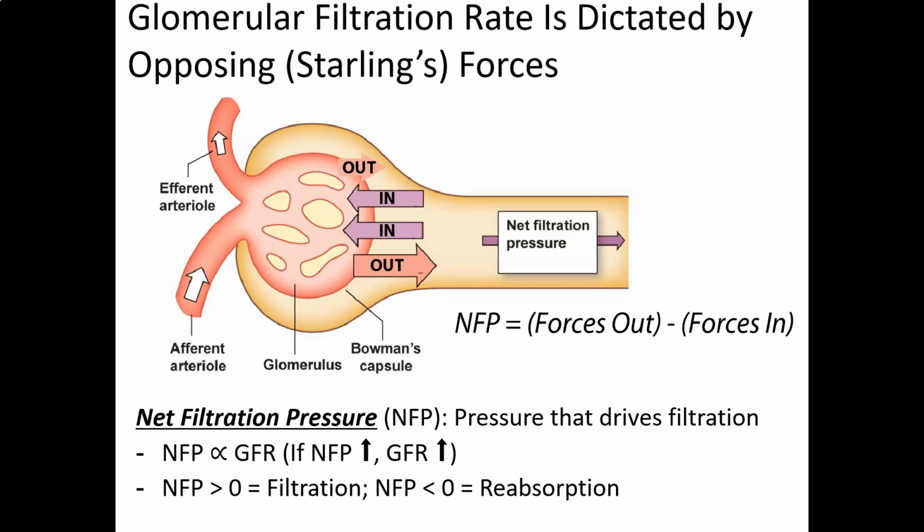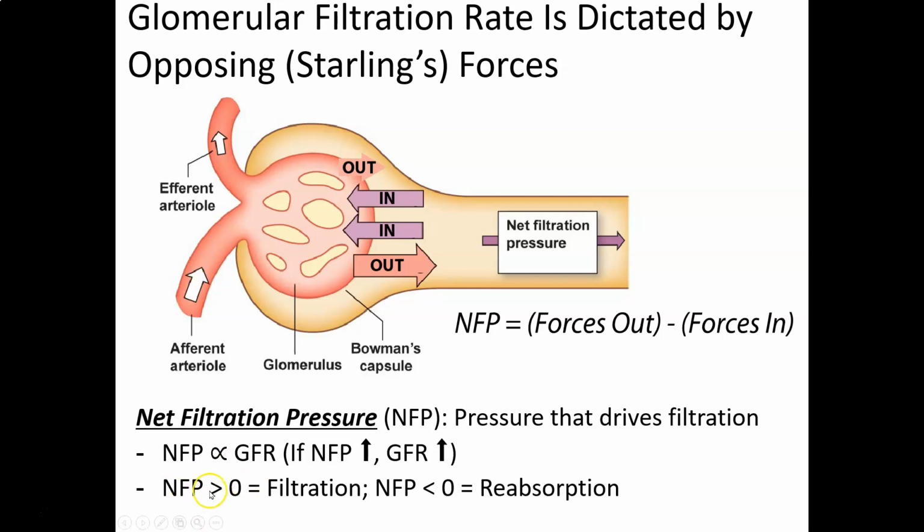Likewise, if NFP goes down, GFR goes down. Since GFR is homeostatically regulated and doesn't change much throughout the day or even individual to individual, then the mechanisms that affect NFP also generally don't change much.